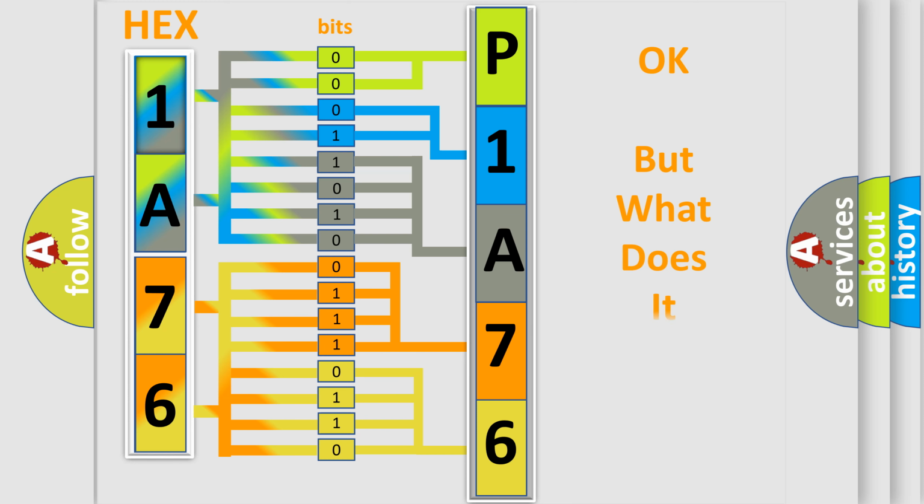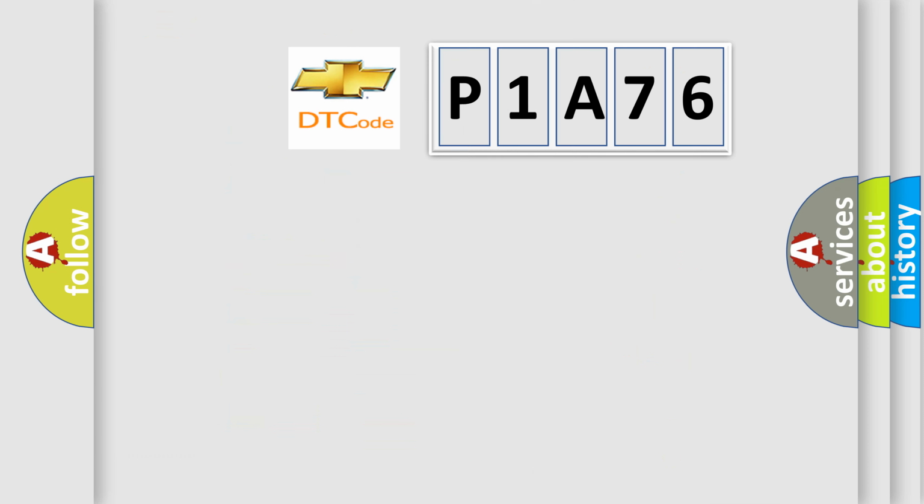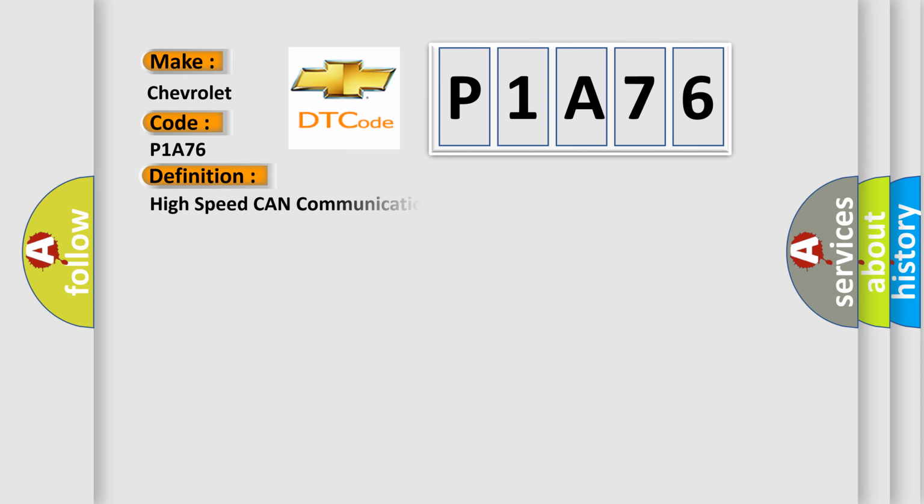The number itself does not make sense to us if we cannot assign information to what it actually expresses. So, what does the Diagnostic Trouble Code P1A76 interpret specifically for Chevrolet car manufacturers? The basic definition is high-speed CAN communication bus.